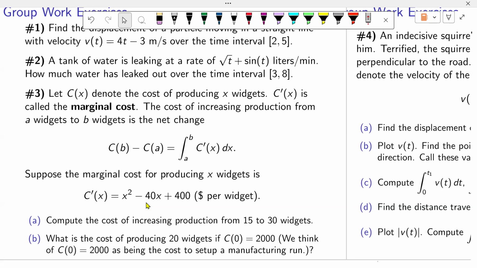It should be a positive 3/2 in the exponent, so it should be t to the positive 3/2.